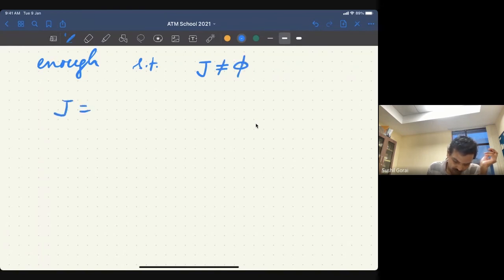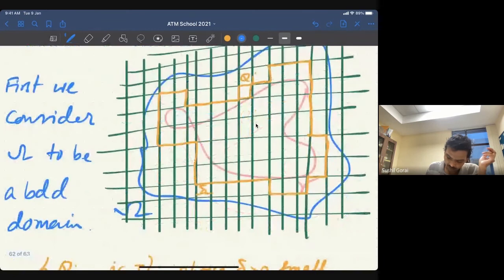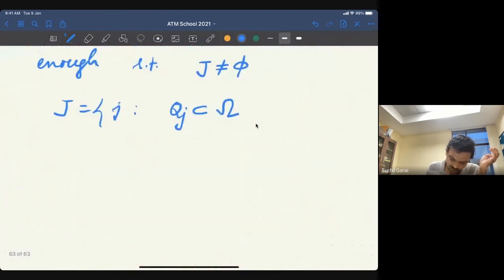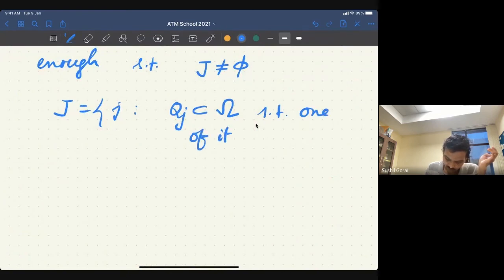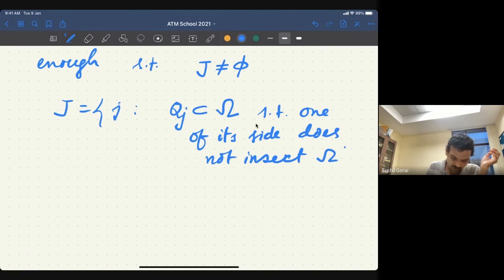So J is the collection of j such that Qj is contained fully in omega, and such that one of its sides intersects gamma.